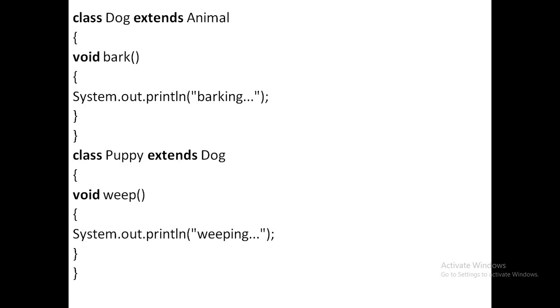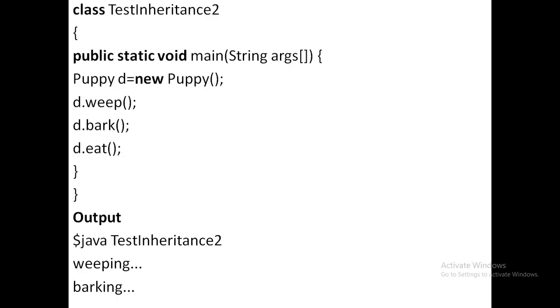Additionally, in the derived class of Dog, Puppy, we have another method weep. While creating an object for the derived class Puppy in the main function, this object is able to access the methods of all the three classes.